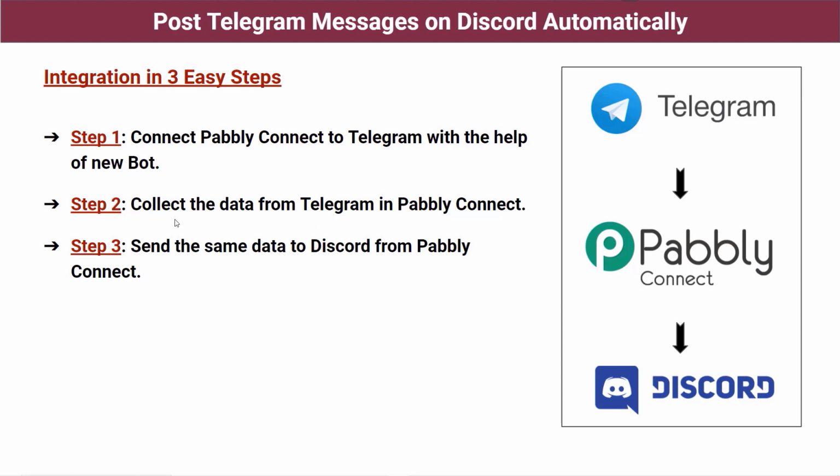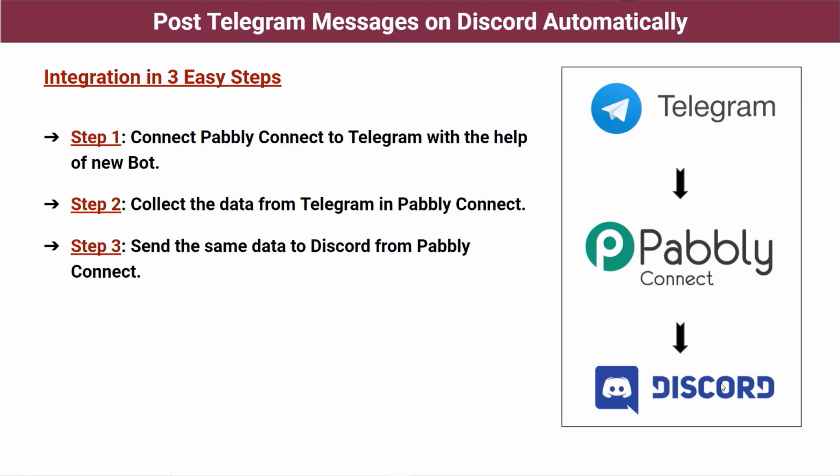Second step is collect the data from Telegram in Pabbly Connect. So in the second step, we'll bring the data from our Telegram group here in our Pabbly Connect. Alright. And step 3, send the same data to Discord from Pabbly Connect. So in step 3, we will send the data from Pabbly Connect to Discord as a new message.